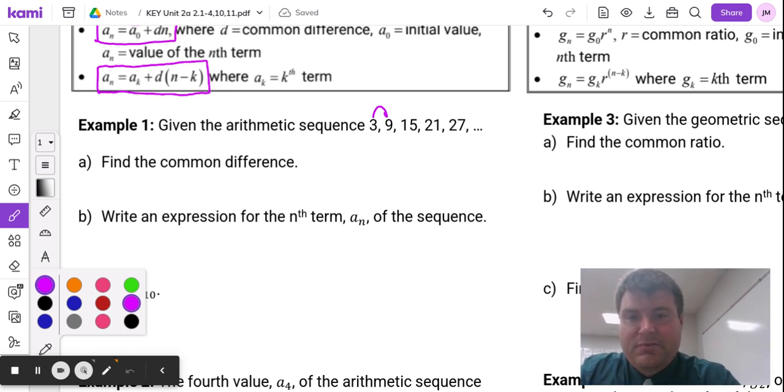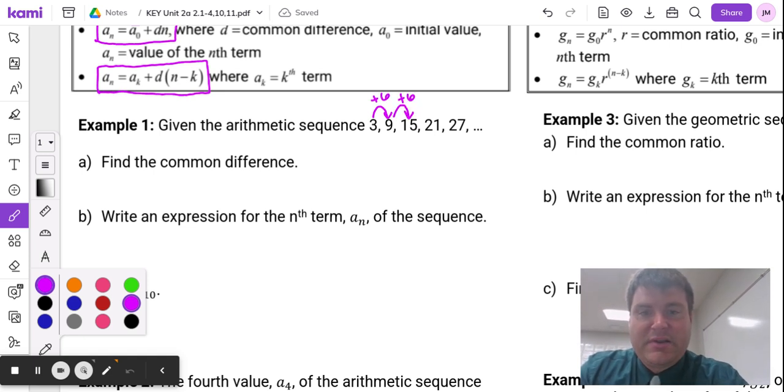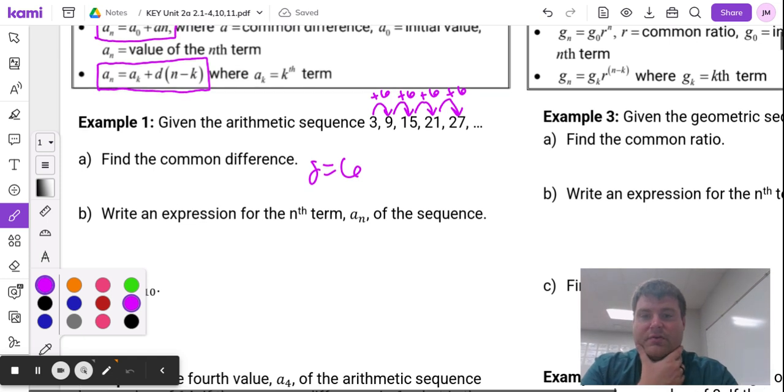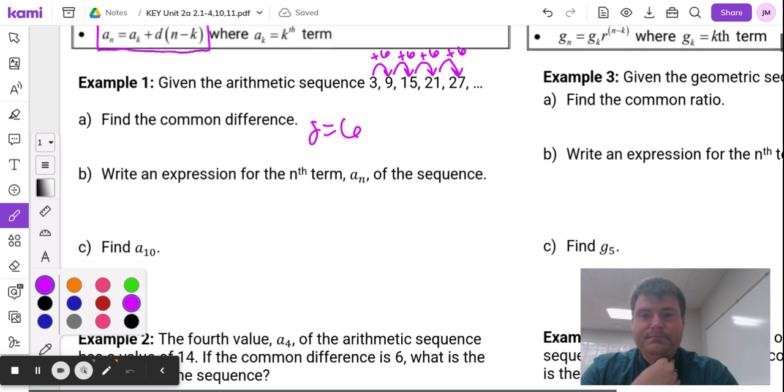To go from 3 to 9, that's plus 6. From 9 to 15, it's plus 6. These are arithmetic sequences whenever we have the same difference between the numbers. In this case, it's 6, so the common difference is d equals 6.